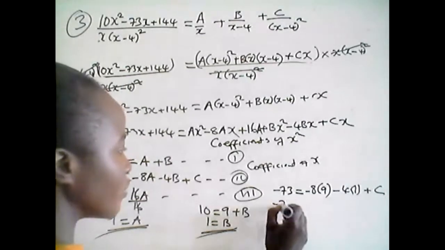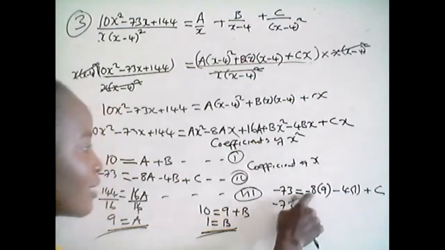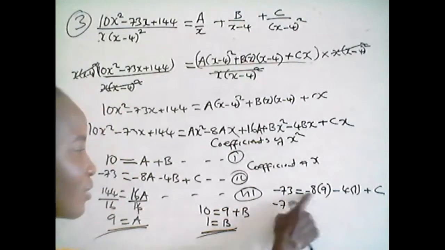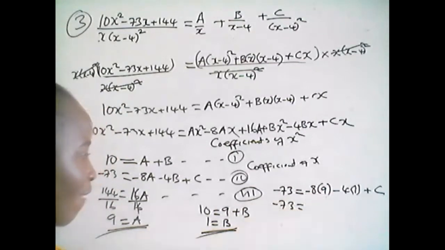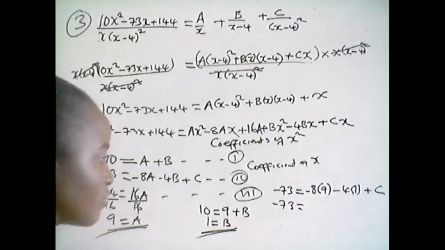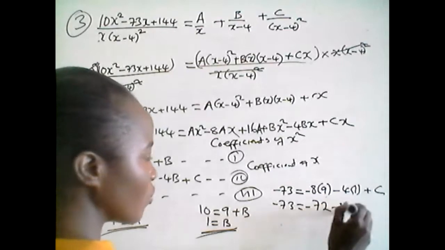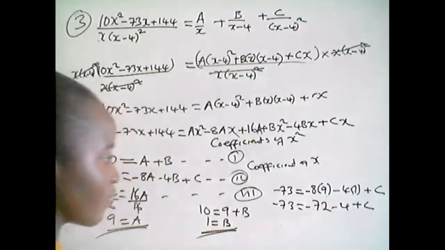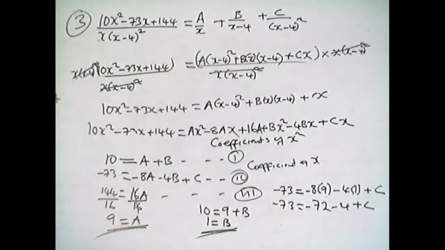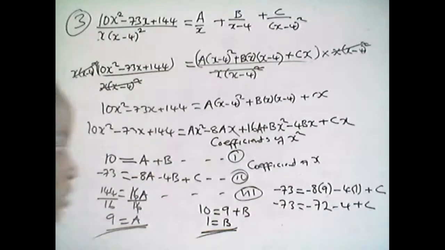So we have negative 73, which equals negative 8 multiplied by 9, that's right, negative 72, minus 4 plus c. So negative 72 minus 4 will give us negative 76.